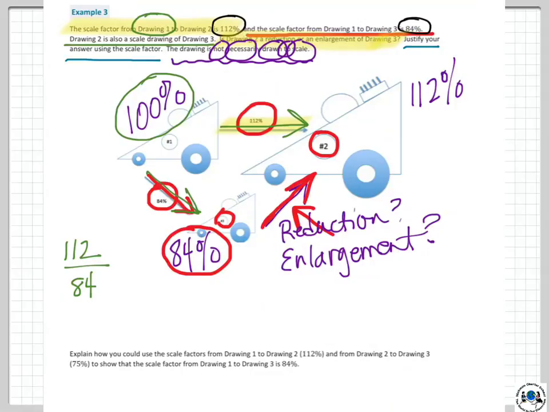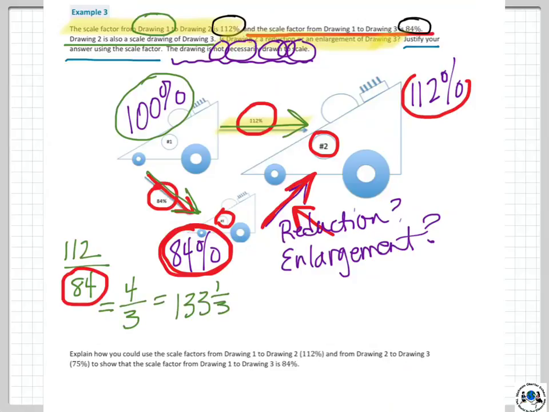Therefore, always that original. So in this case, this is going to be our original, which sits in the denominator. And this is going to be our numerator because that's where we're going to. We're trying to test whether this is a reduction or an enlargement. We're actually going to get an actual percentage, but as we can see, it is an enlargement.